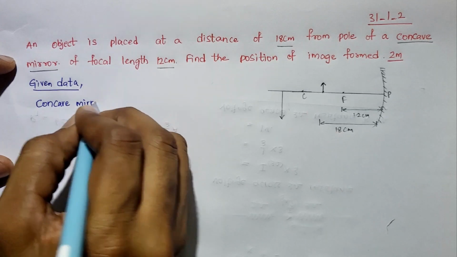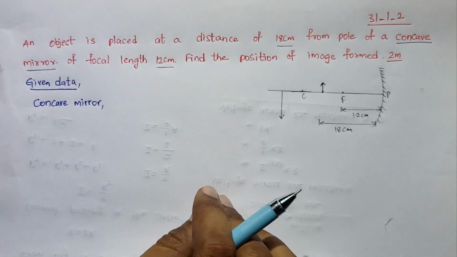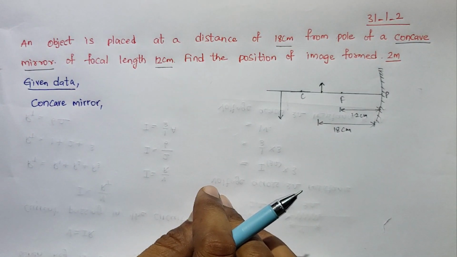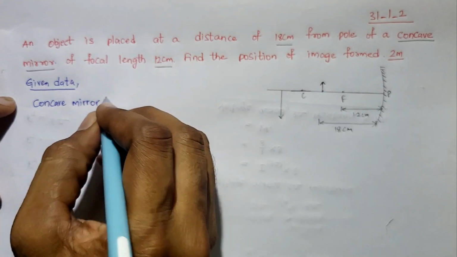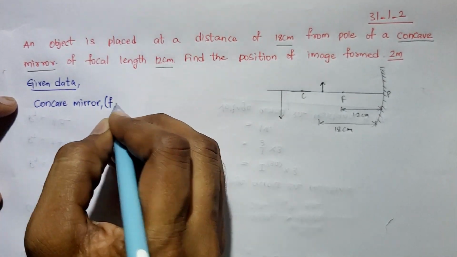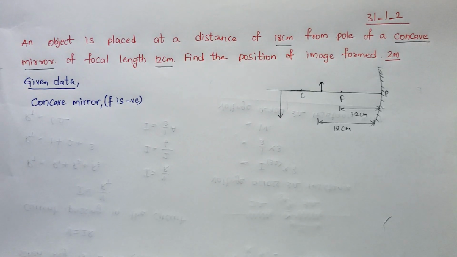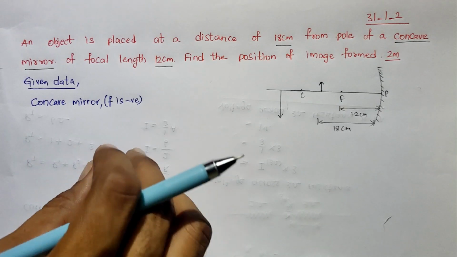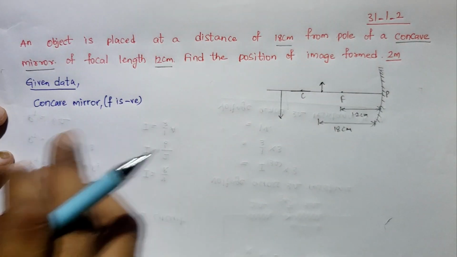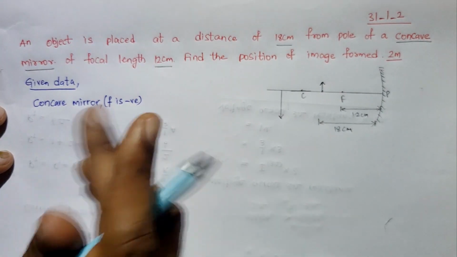Because if it is a concave mirror, focal length will be negative. If it is a convex mirror, focal length will be positive. Convex lens, focal length will be positive. Concave lens, focal length will be negative. Okay, now we wrote concave mirror, to remember that focal length is negative.